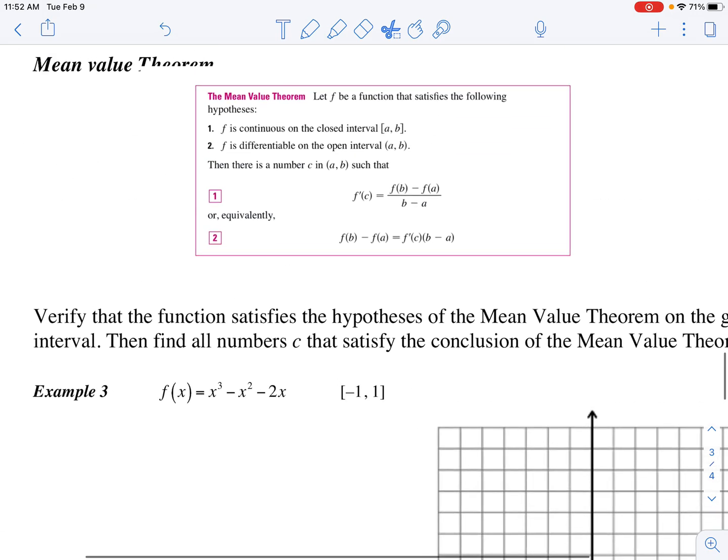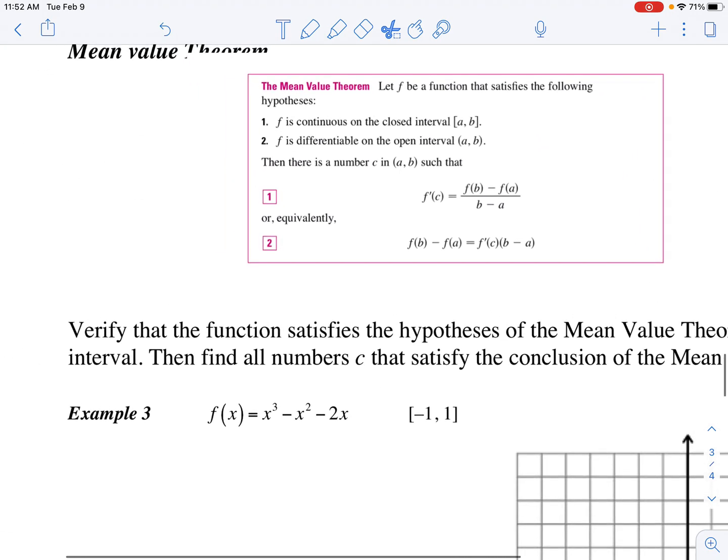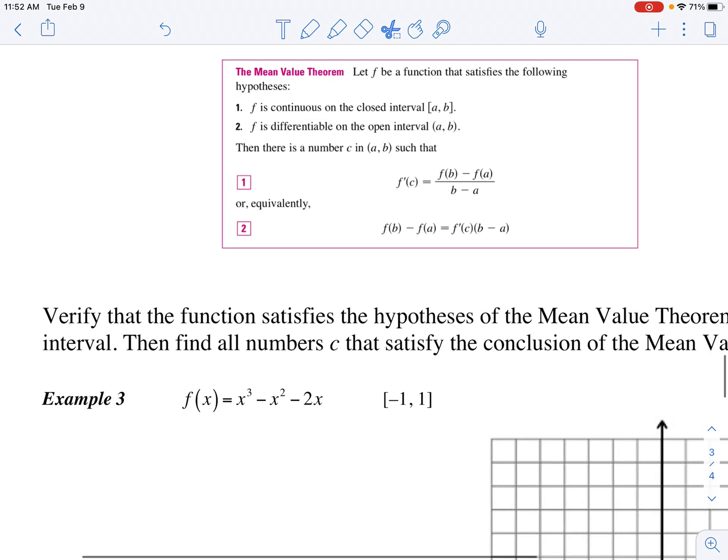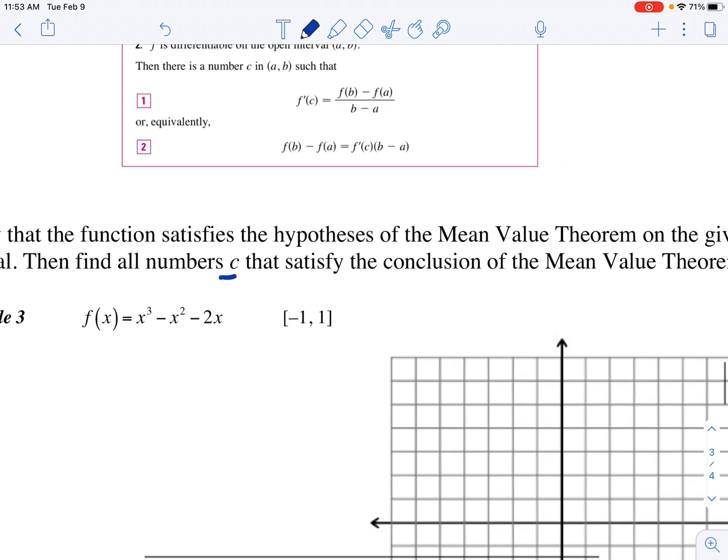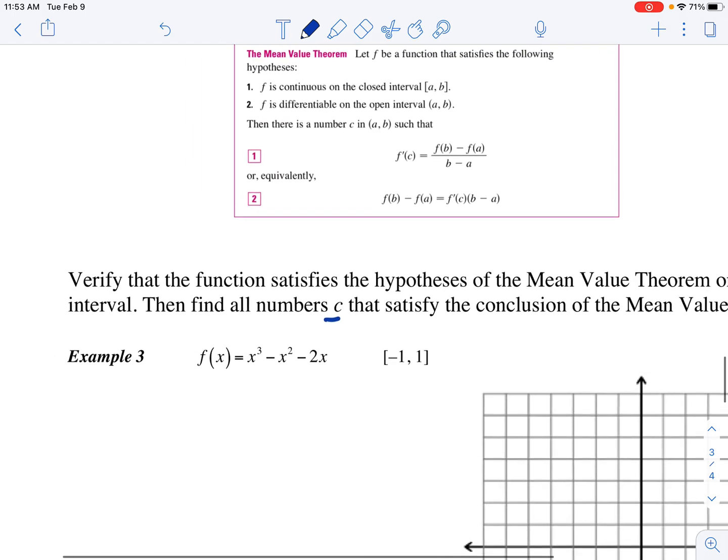Okay. So here, with the mean value theorem, we're trying to find all the C's that satisfy the conclusion of the mean value theorem.